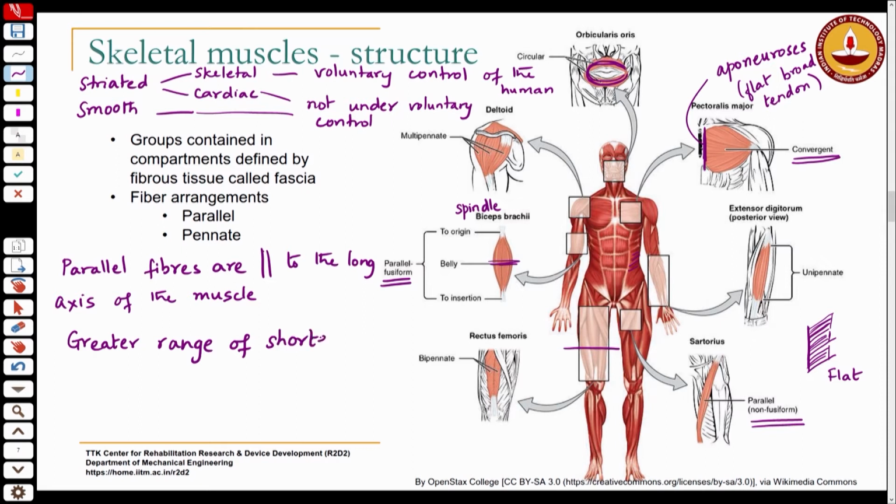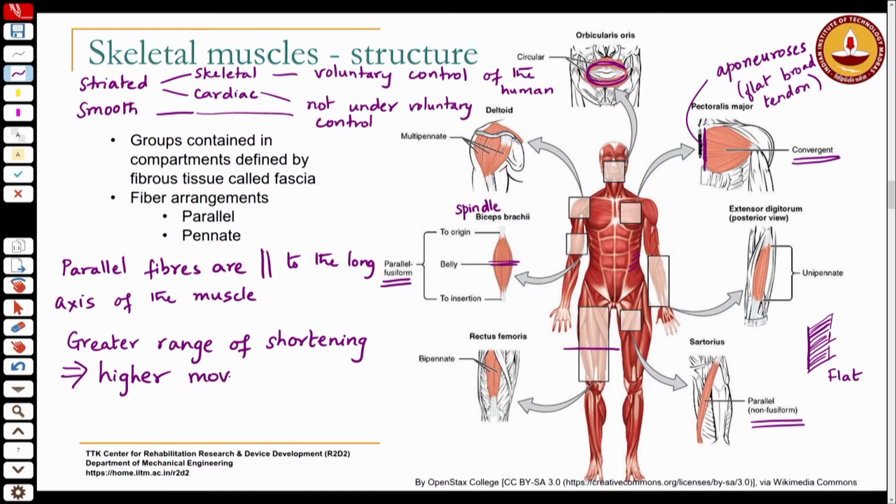with the parallel arrangement, and therefore, you can get a higher movement velocity. So, you will see in your appendicular skeleton, you will have muscles which have these parallel arrangements with your extremities. You can move because you get more speed with the greater shortening.